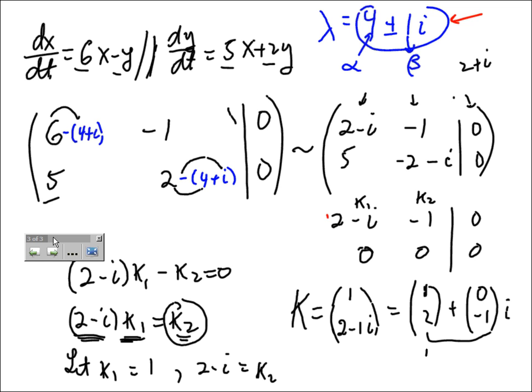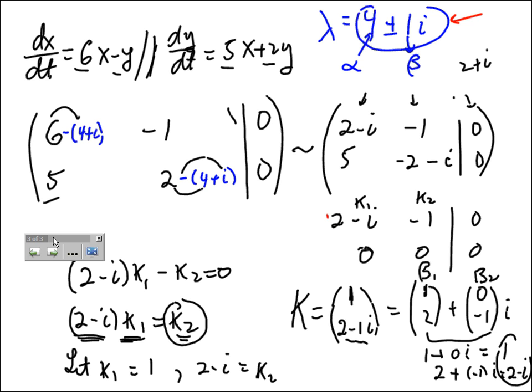You add the top, you get 1 plus 0i, which is 1. You add the bottoms, you get 2 plus negative 1 times i, which is 2 minus i. Exactly what I have here and here. So that is how we're going to write K. And this we call B1, and that we call B2.